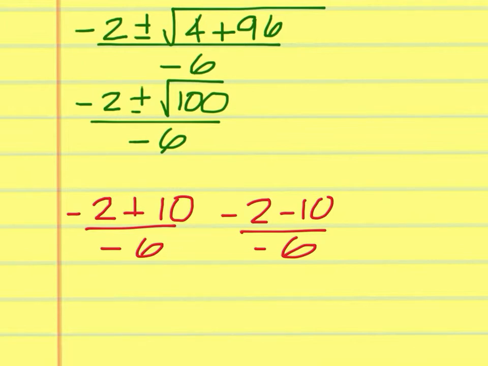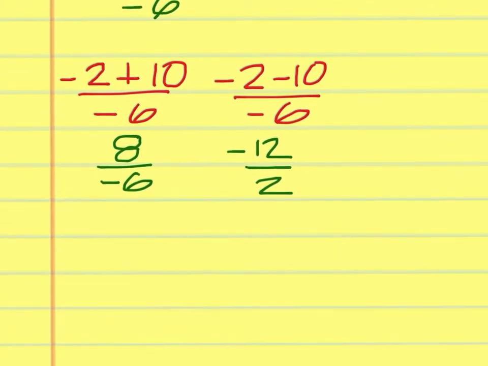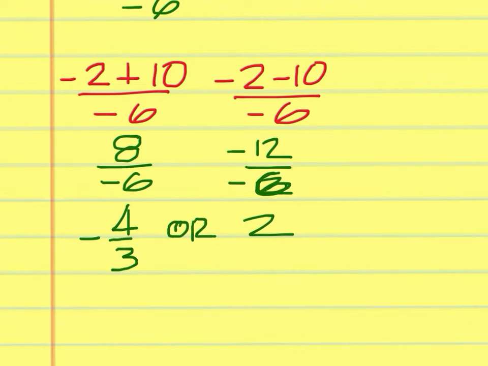On the first part, you'll have an 8 over a negative 6, and then on the right side you'll have a negative 12 over negative 6, and that'll leave you with 2. So you have negative 4/3 or a positive 2 for your two answers.